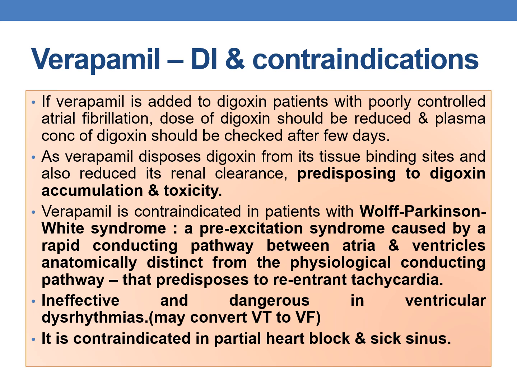It is also ineffective and dangerous in ventricular dysrhythmias because an IV dose of verapamil may convert ventricular tachycardia to ventricular fibrillation. It is also contraindicated in partial heart block and sick sinus.